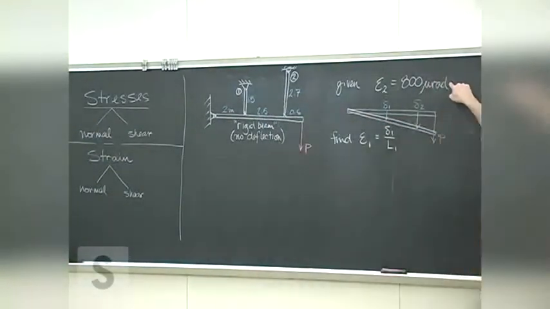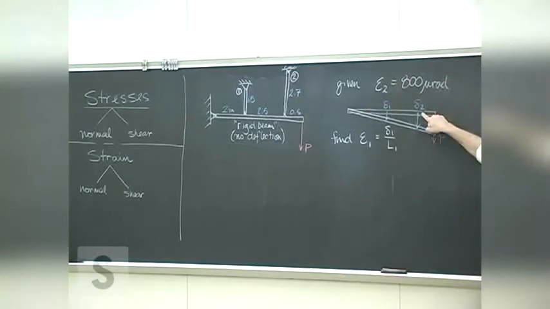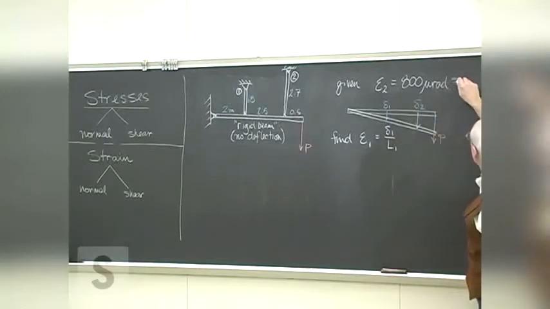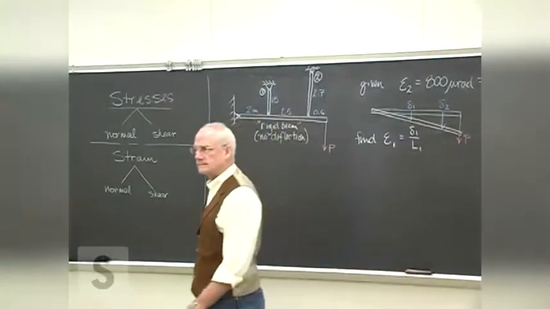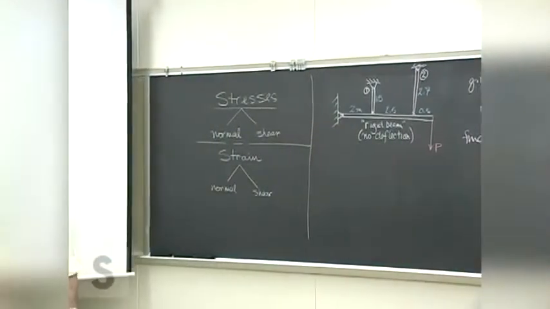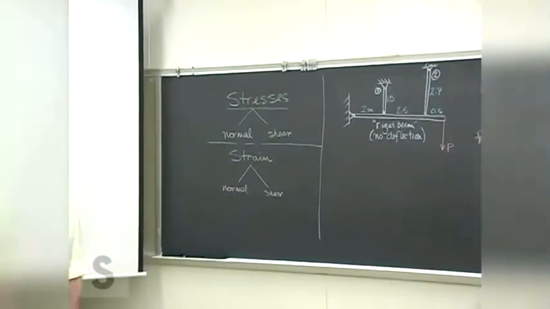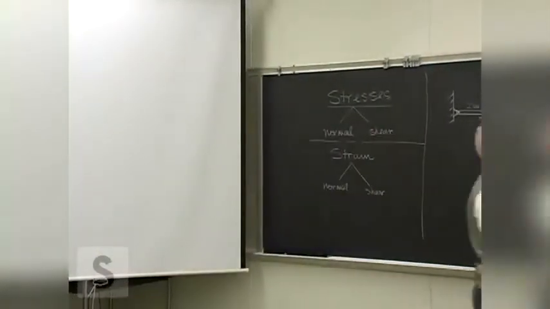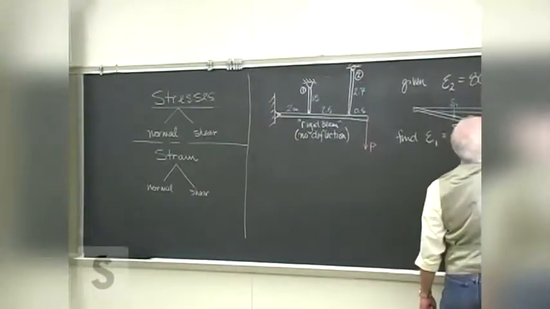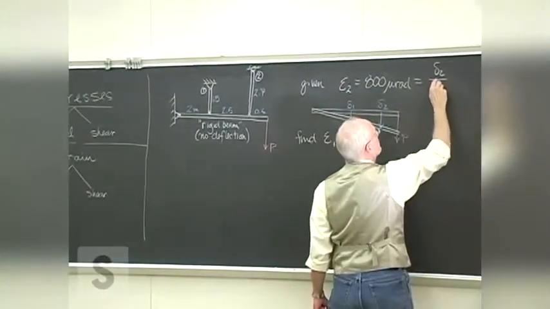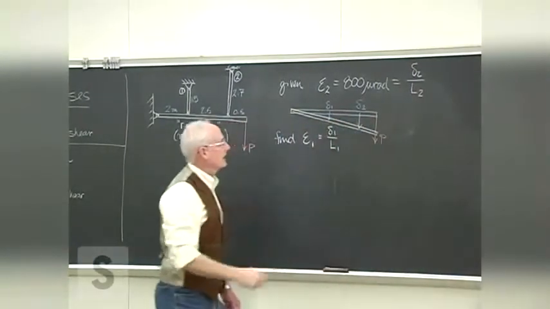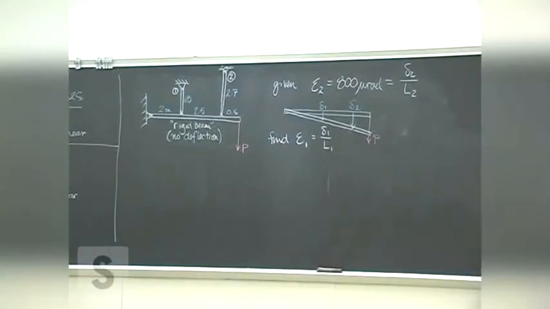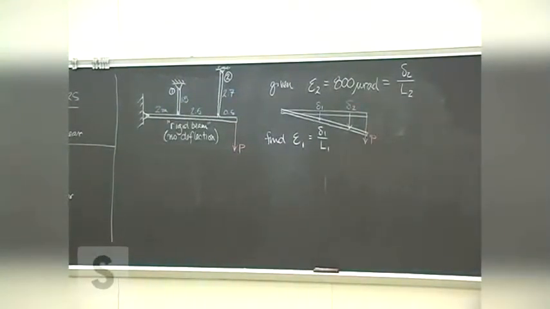How does this help us find that, which will give us that, which will give us that? Very, very geometric problem. This, of course, is the deformation of 2 divided by its original length. So take a second or two, calculate those up.